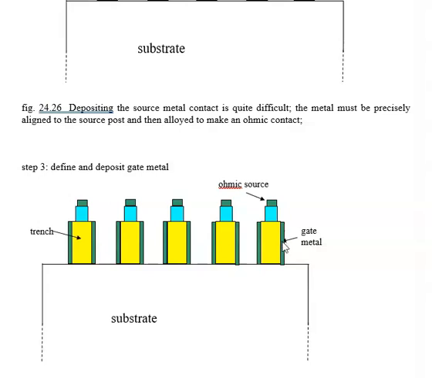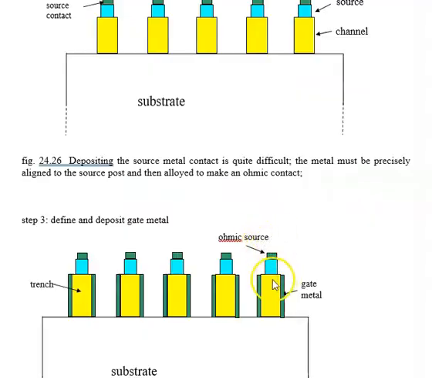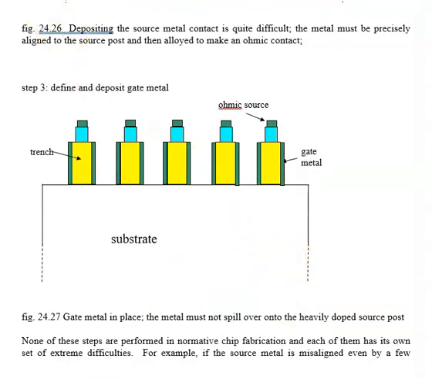So the gate metal is deposited first before the source metal. So this actually is backwards. I probably should have put the gate metal and then the ohmic metal, because the sequence follows gate metal and then source contact.